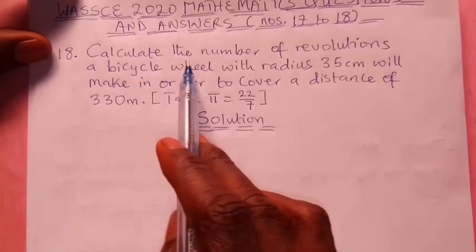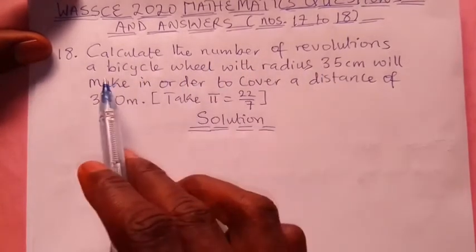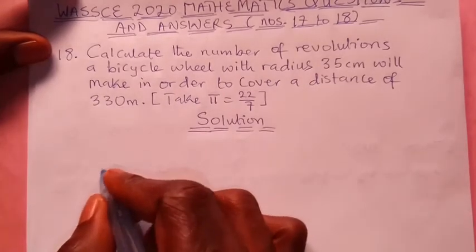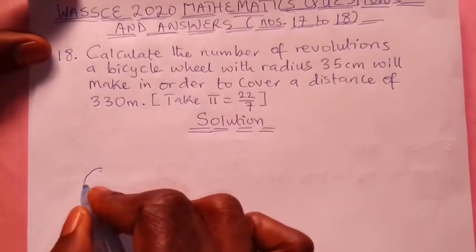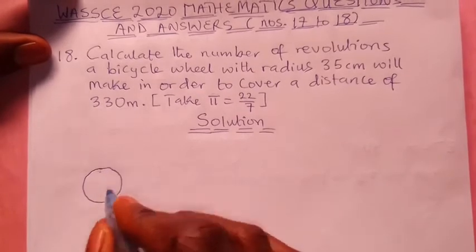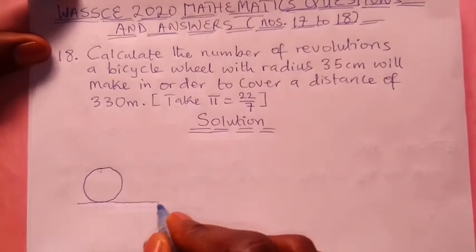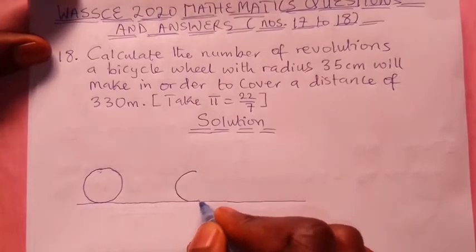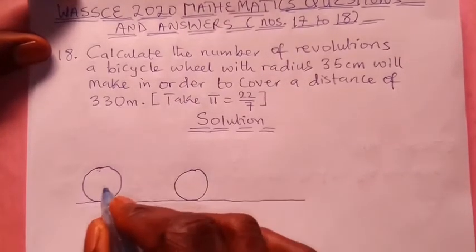The question says calculate the number of revolutions of a bicycle wheel. So I'm going to draw a rough sketch of the bicycle. This is a bicycle wheel, okay? And the bicycle is moving on the horizontal floor. This is the horizontal floor. Then we know that the bicycle has 2 wheels.